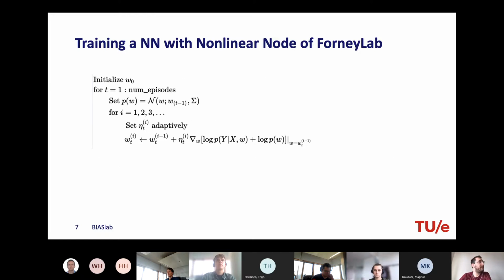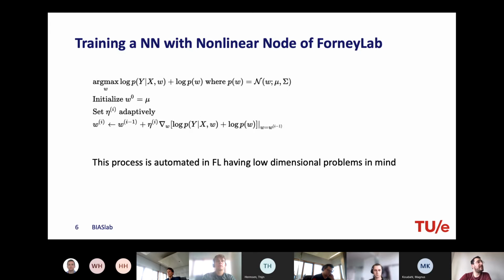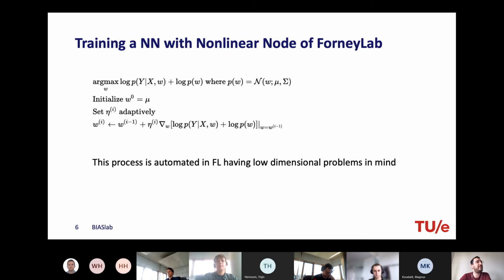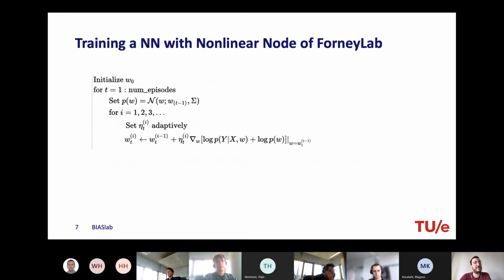Let me continue. As I showed you here, Laplace approximation is automated in the way that we initialize weights with the prior of W. Normally, it would be nice to put a zero-mean normal distribution prior on the weights, but if we do this, then the automated Laplace approximation will initialize W with a vector of zeros, and at the vector of zeros the neural network is most often at a stationary point.